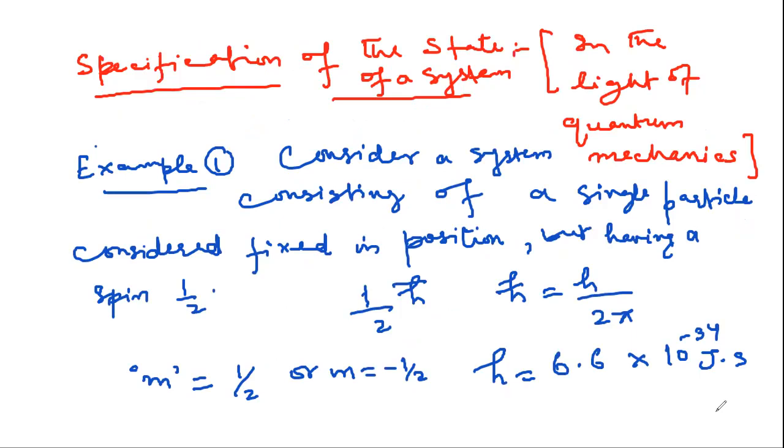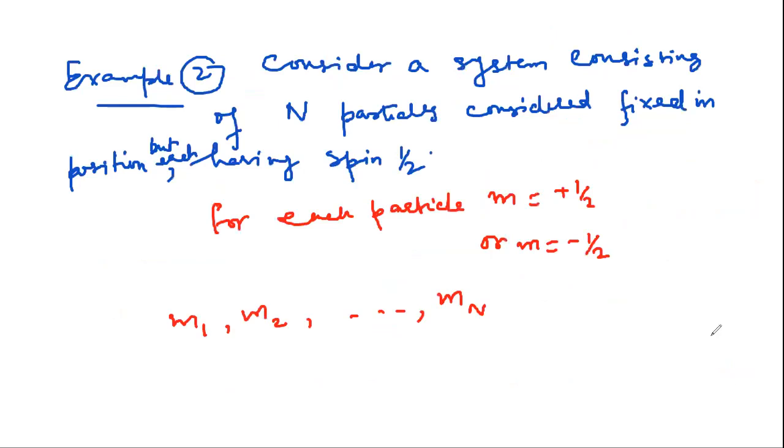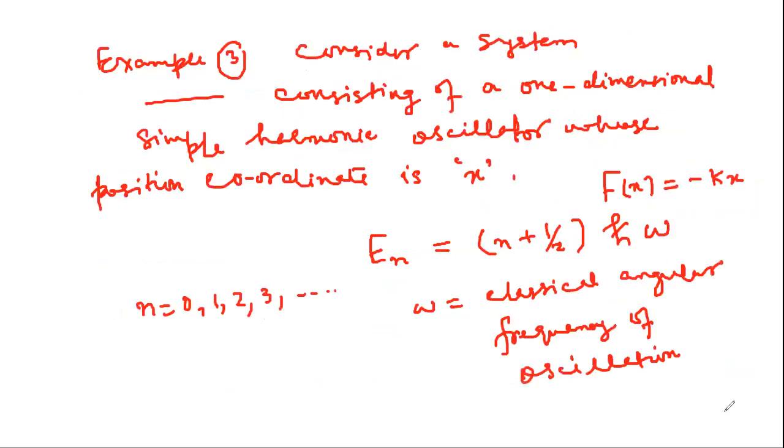Then we considered a similar system, but the particle number was n. Here you have to specify all n values of the m's to specify the state. Then we considered a simple one-dimensional harmonic oscillator, and we said that it is the value of n which specifies the quantum state of the particle.